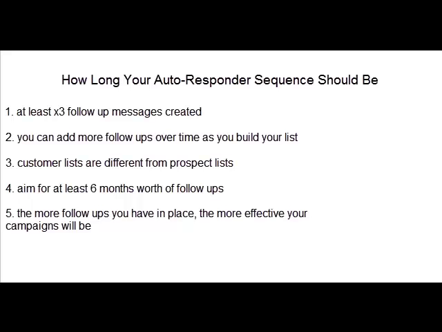So if you have a 6 or even 12-month email campaign set up, then you're going to be making sales 5, 6, 7, 8 months down the line from people that signed up 8 months previous, okay? So the more messages you have in place, the more money you will actually make in your business, because everything's going to be running on autopilot, and people that join your list may purchase within a couple of weeks.